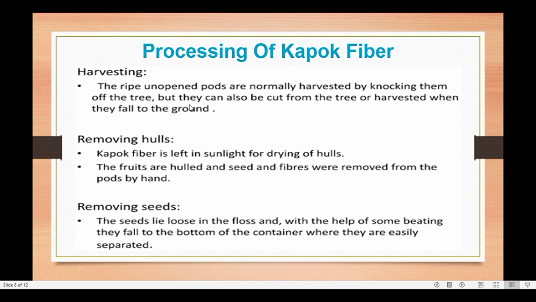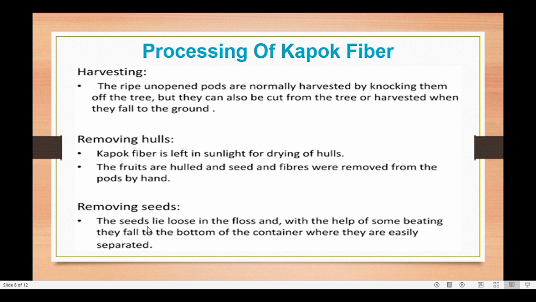Removing of hulls: kapok fiber is left in sunlight for drying of hulls. It's a natural way to dry the kapok fiber. The fruits are old, and seeds and fibers are removed from the pods by hand. This procedure is done manually.